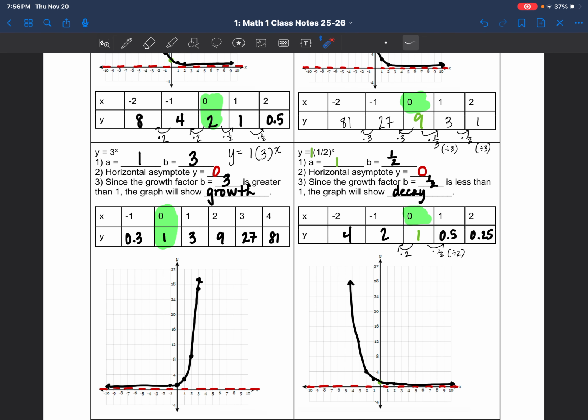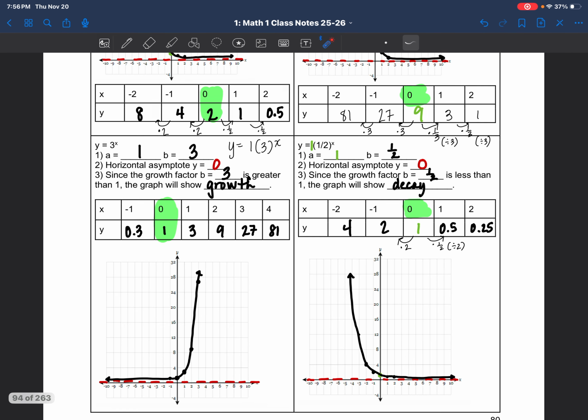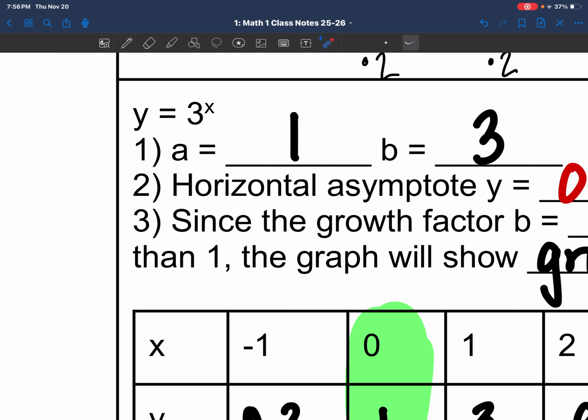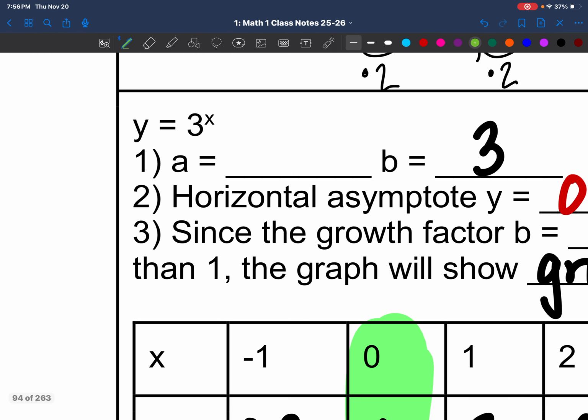So what I want you to do, go through, finish the rest, and then check your answers. But here, there's one important part I want to show you. If you look at your formula, it's just this to the x power. There is no number written in front of it, so this is really 1 times 3 to the x power. Or we can rewrite it, I'll rewrite it here.